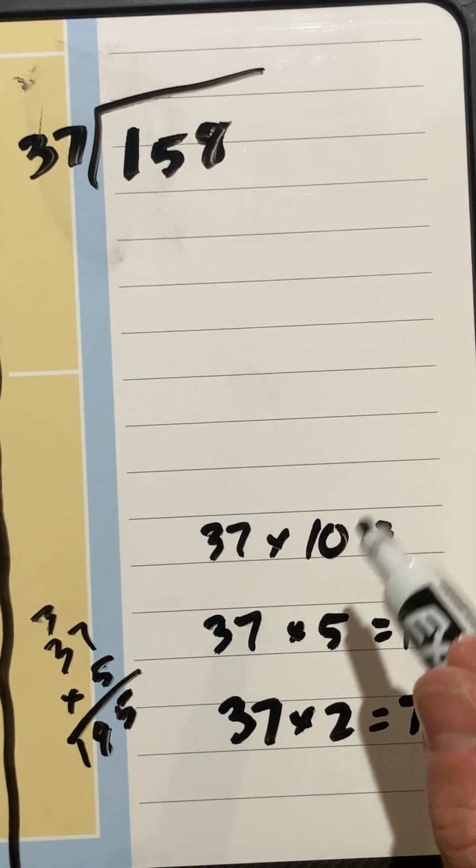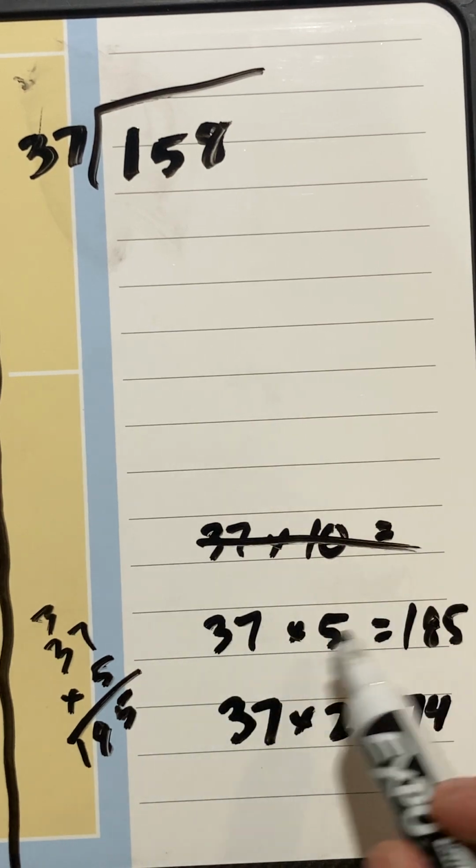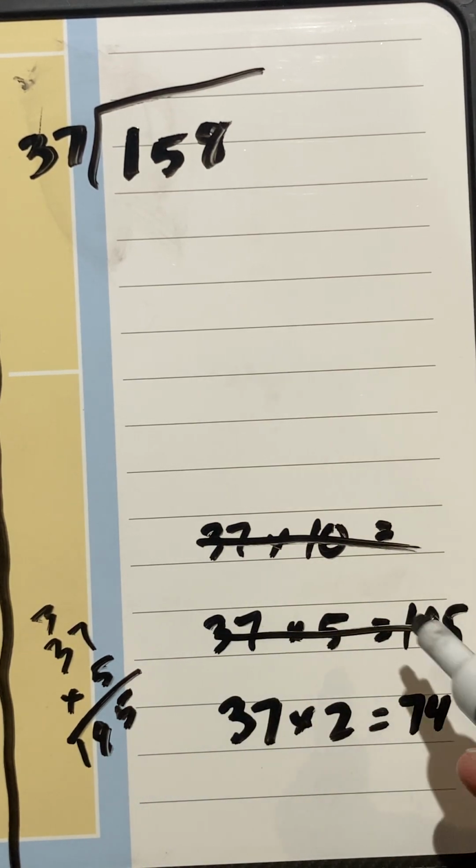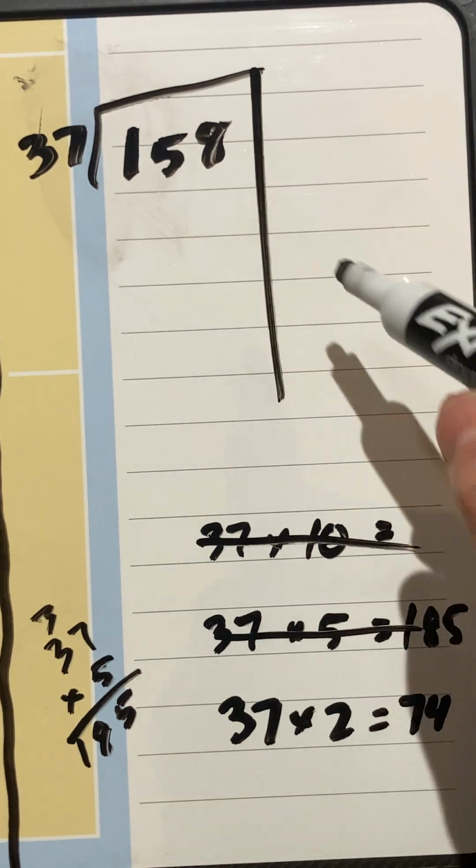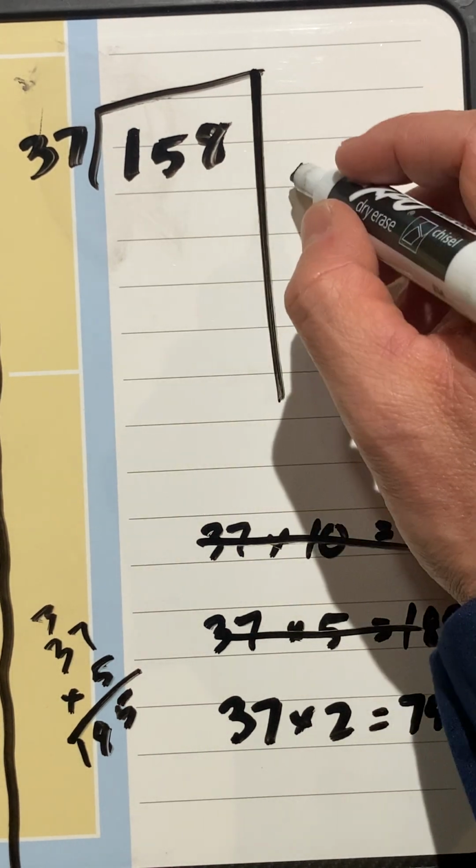Well, I'm not even paying attention. Don't need to go that high. That's going to be too much. So the first partial quotient that I'm going to go with is 2.